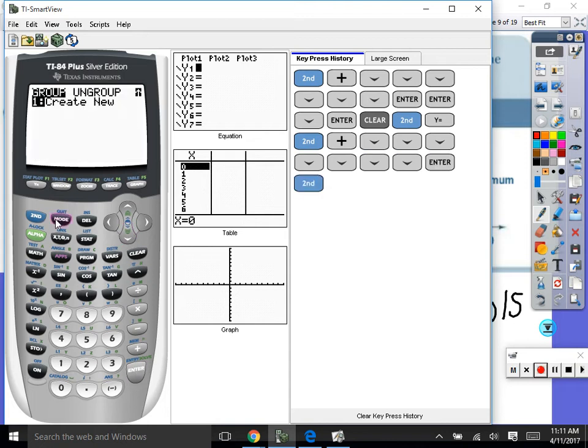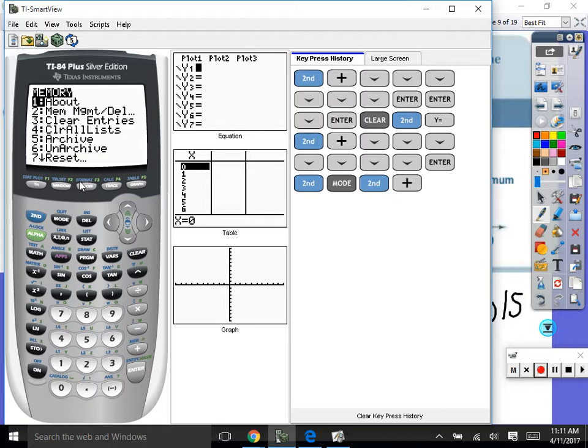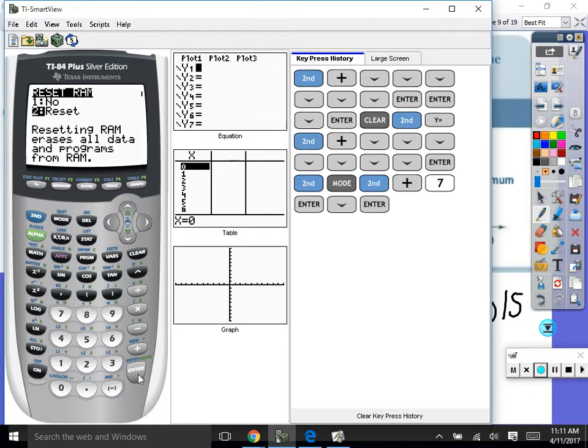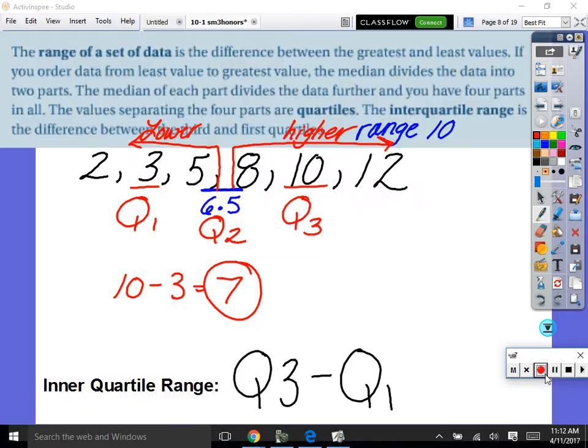You do second, plus sign, second memory, and then go down to reset, number 7. I'm resetting mine because it was all messed up from polar coordinates, and it's too hard.